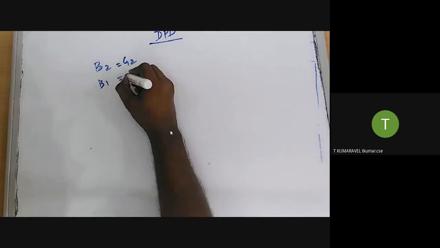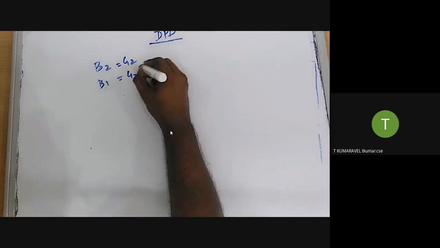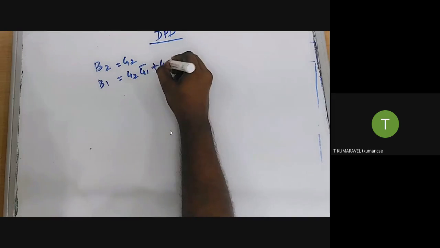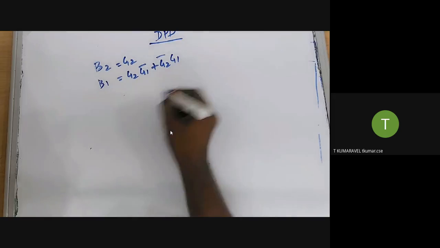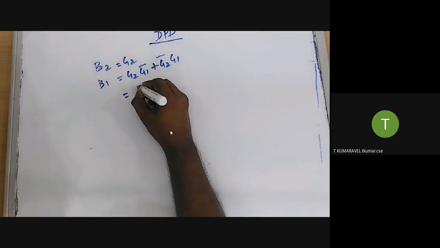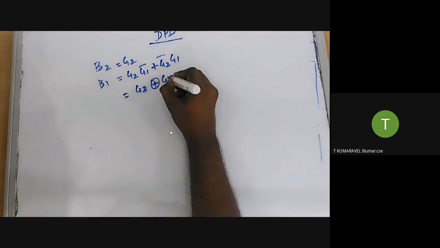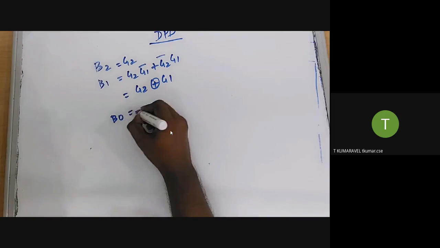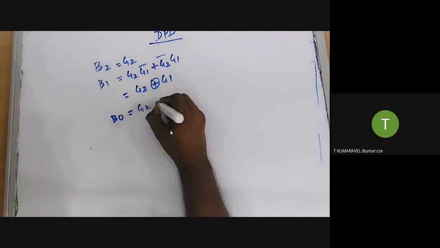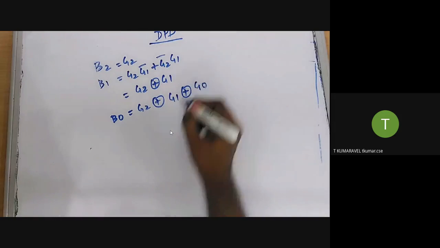B1 is G2 G1 bar plus G2 bar G1. It looks like an exclusive OR gate. The final output is the odd function, that is nothing but G2 exclusive OR G1 exclusive OR G0.